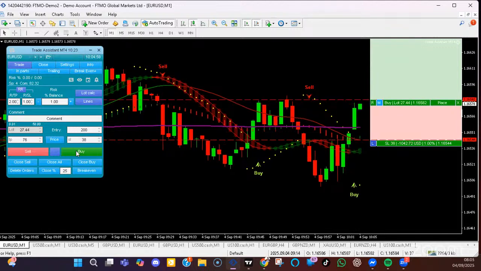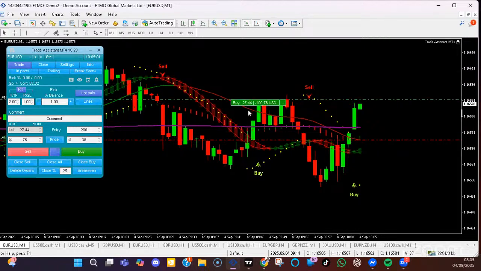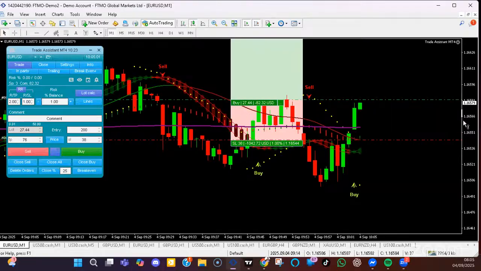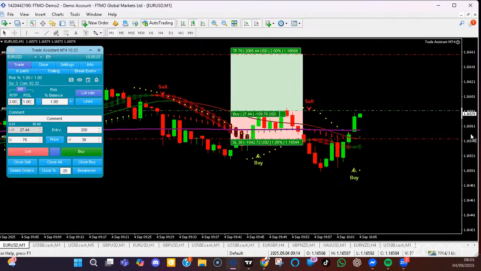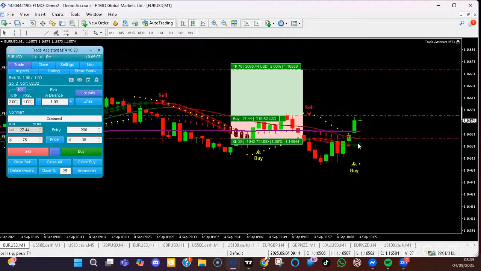Okay, so I'm going to go for a buy. 3.8 pips stop loss between my stop loss and my entry.